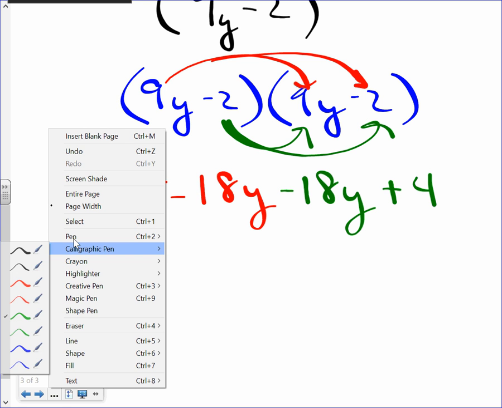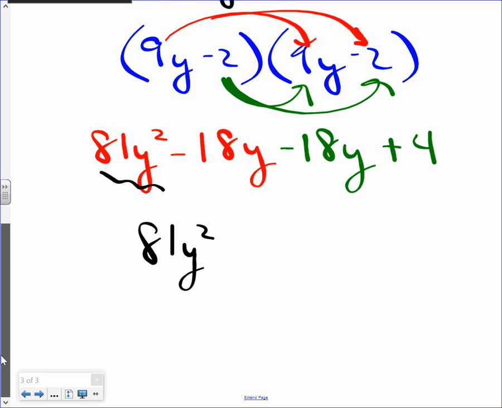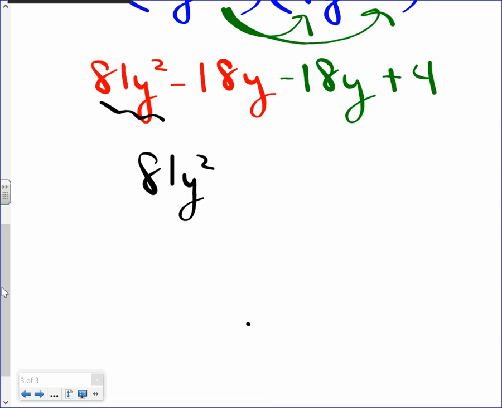Like terms time. Y squares, there's none to combine, so that's going to be in my final expression, 81y squared. And I got a negative 18y and negative 18y. Those are definitely like terms.